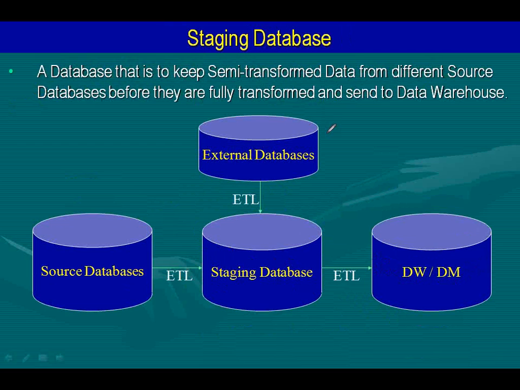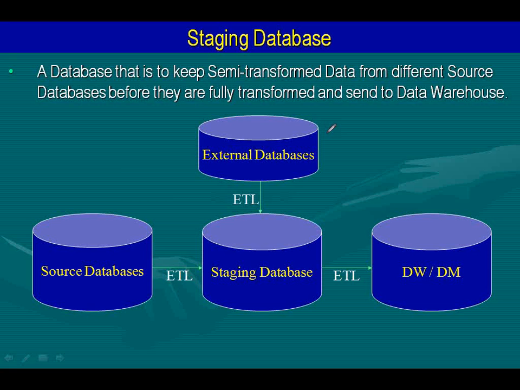There is another term, staging database. What is a staging database? In the ETL process, often people use staging. In between source and target, if you are handling the data, storing the data, that becomes the staging area. The storage becomes the staging database. From the source we are extracting the data.